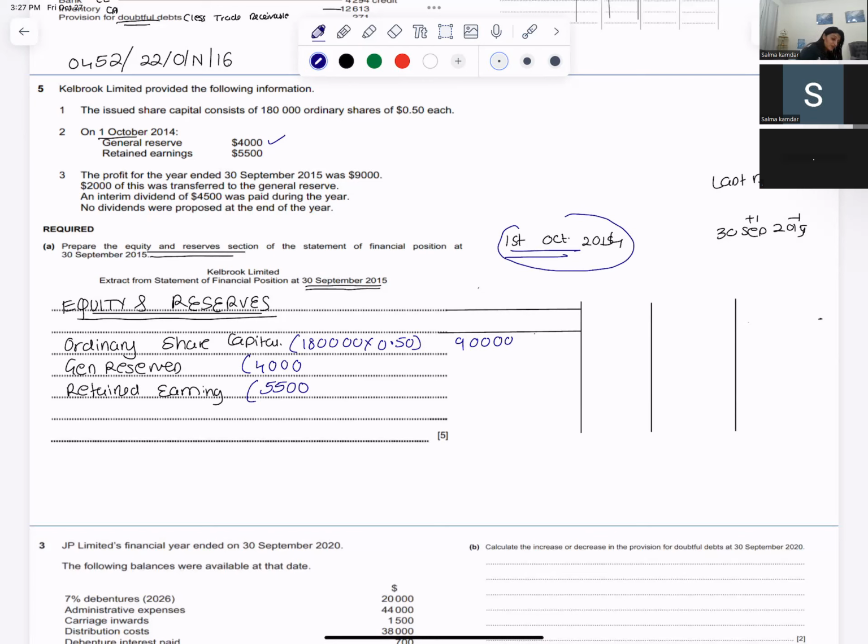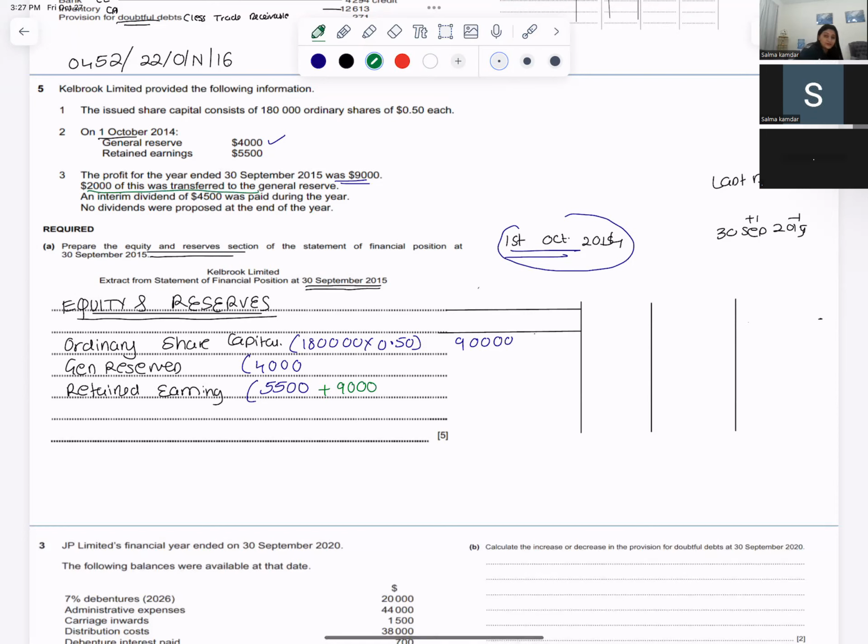Profit for the year is 9,000. Can you tell me which section profit for the year affects? Retained earnings. The profit for the year will increase my retained earnings. Okay, fine. Very good.